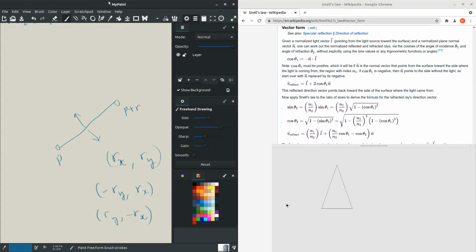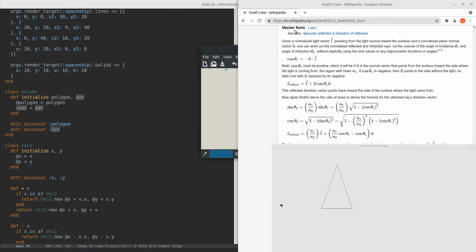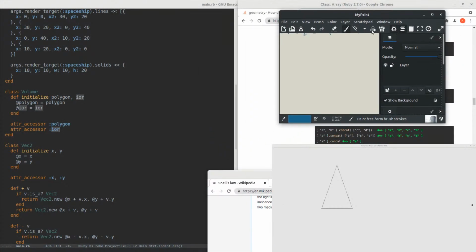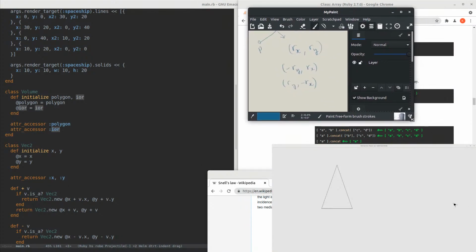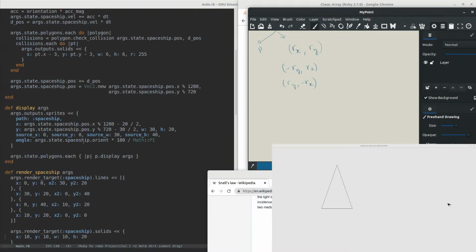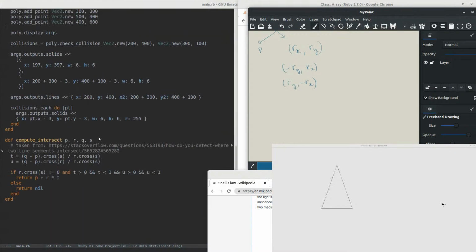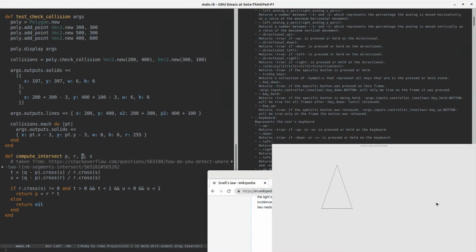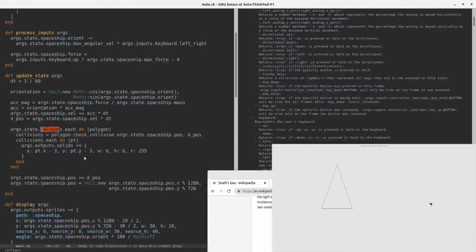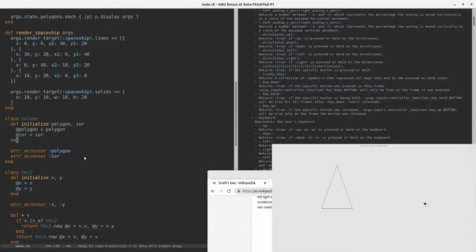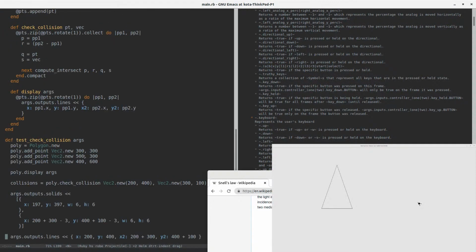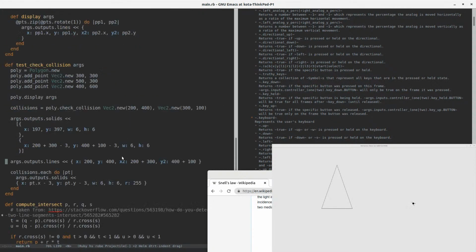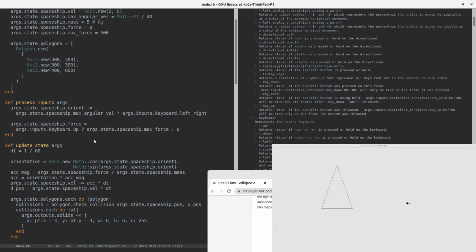Why don't we first just check that out, since that is pretty simple to test. For each of our polygon points, where's our class polygon?